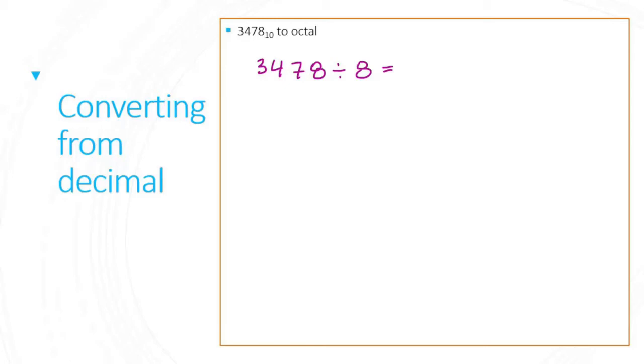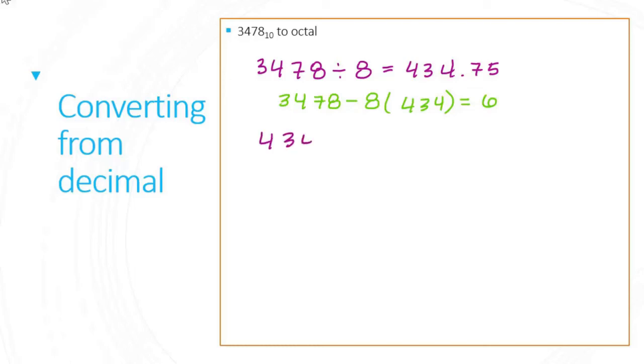The answer is 434.75. So 434 with a little bit left over. When I take 3,478 and subtract my 434 groups of 8, how much do I have left over? I have 6 left over.